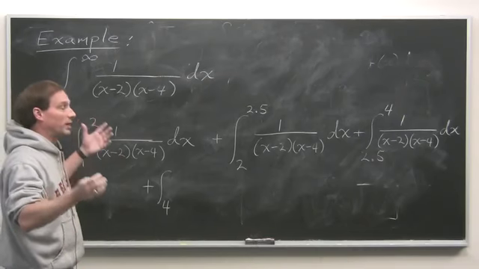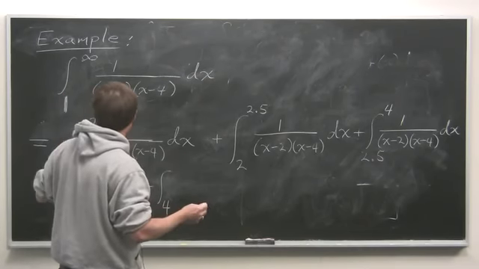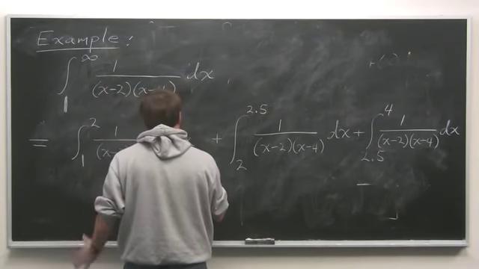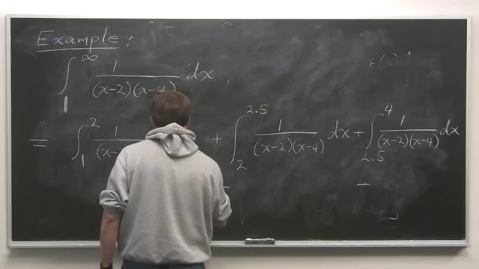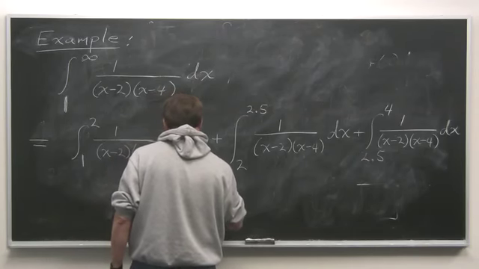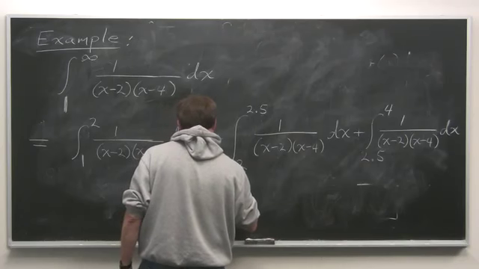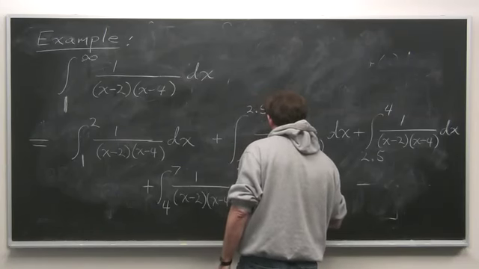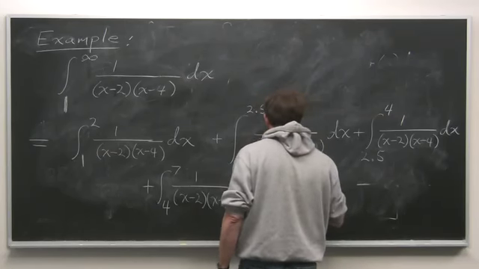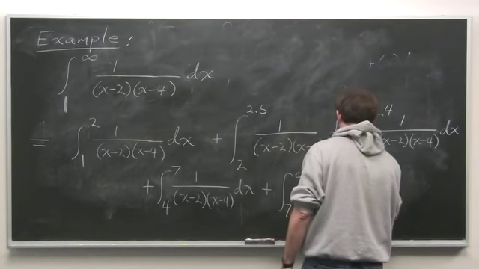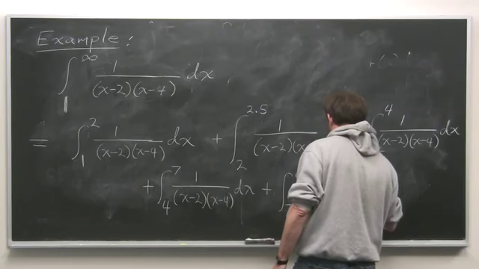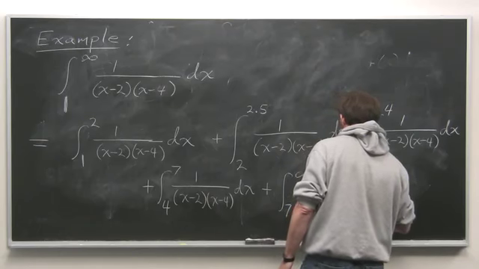So you go anywhere you want, someplace between 4 and infinity, 7. I just made that up. It doesn't matter what you pick, but you want to split it up again. And finally, you would add to this the integral from 7 to infinity of 1 over x minus 2 times x minus 4 dx.